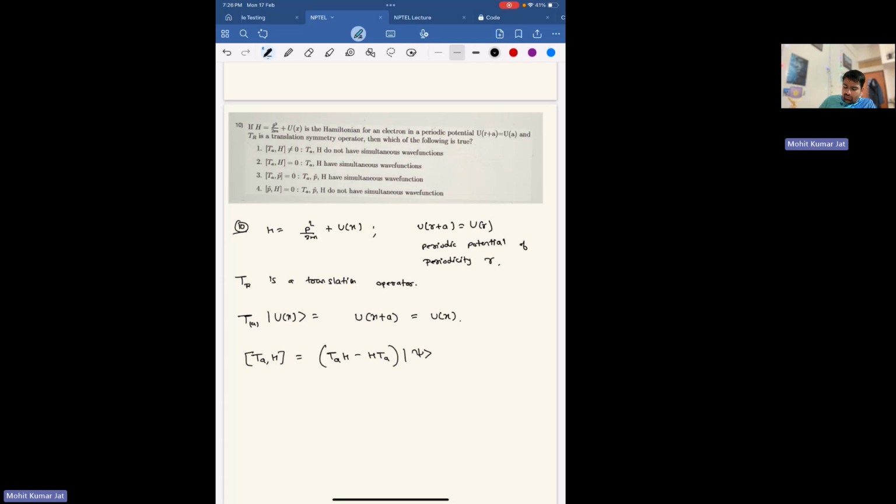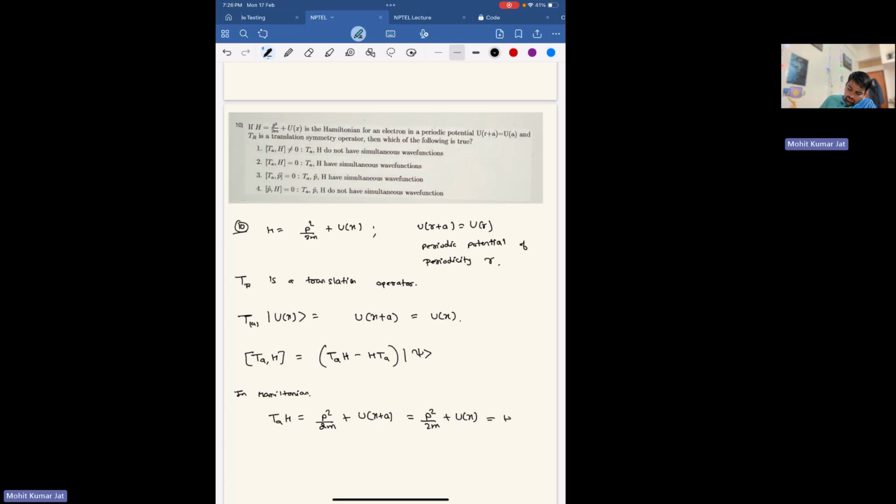So the first thing is like in the Hamiltonian, T_a operated on H will be nothing but p square by 2m, because momentum doesn't change, plus U of x plus a, and that will be p square by 2m plus U of x.